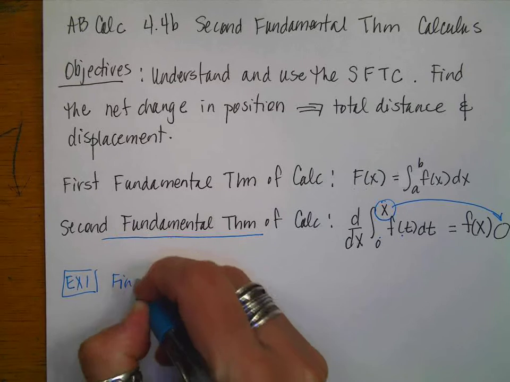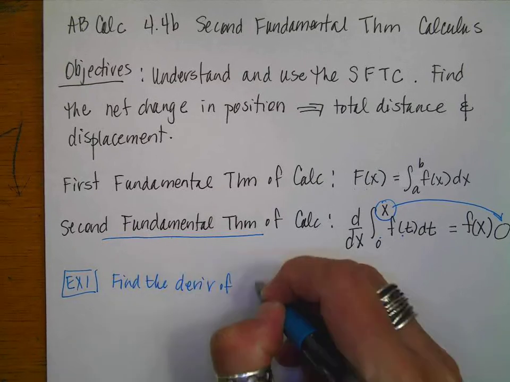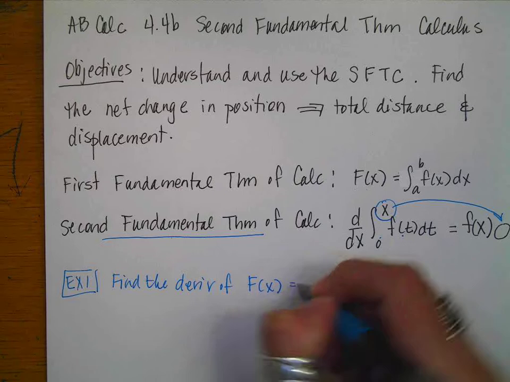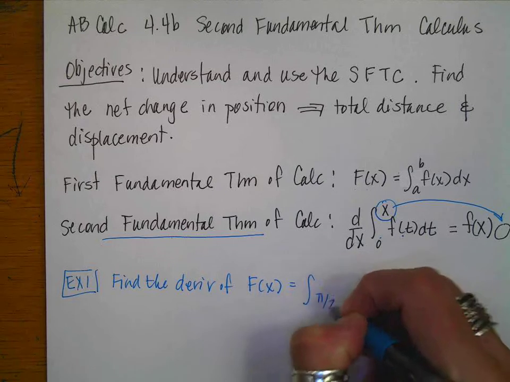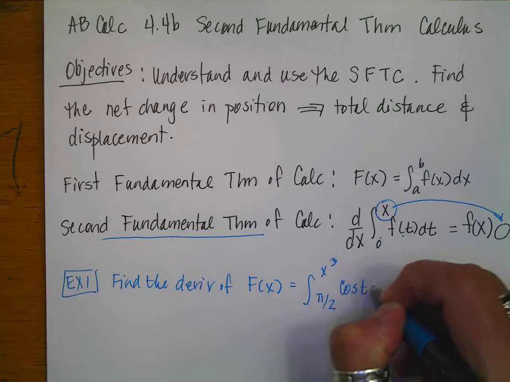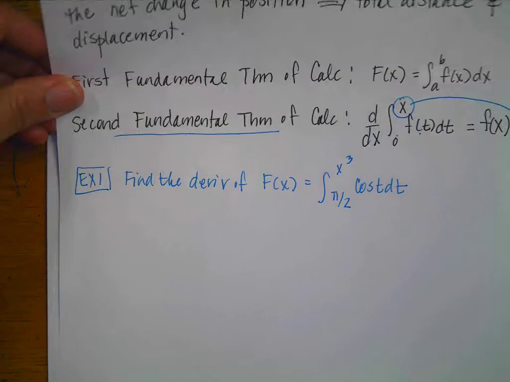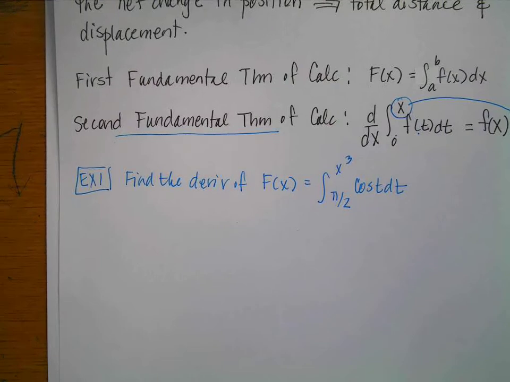I want to find the derivative of f of x equals the integral from pi over 2 to x cubed of cosine of t dt. I'm actually going to do this problem two different ways so that I can illustrate the fundamental theorem of calculus.